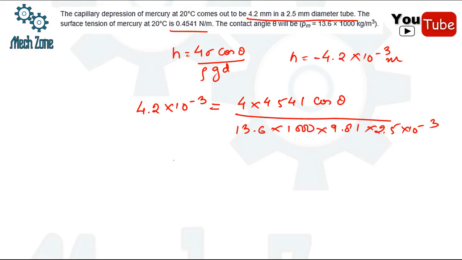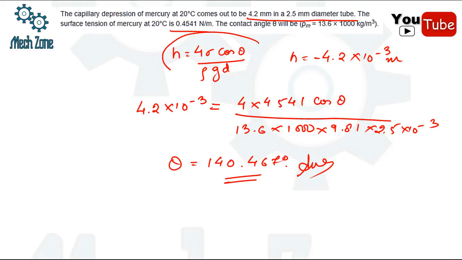So from here theta is coming out to be 140.467 degrees. So this is the answer. So we need to directly remember the formula h is equal to 4 sigma cos theta upon rho g d.